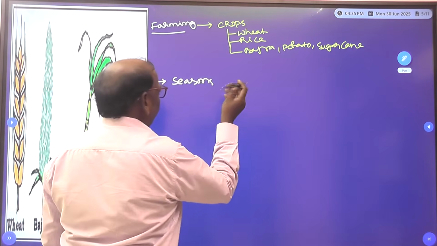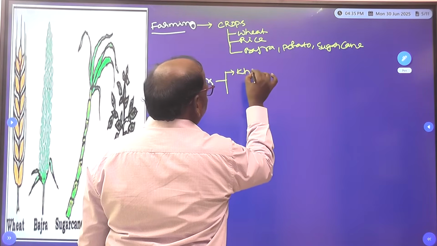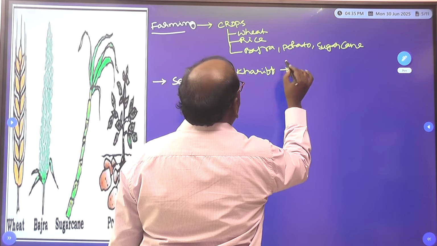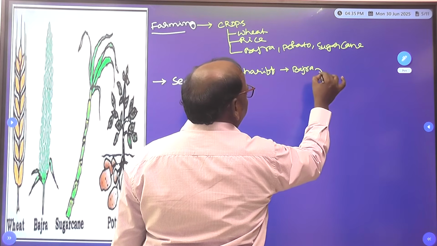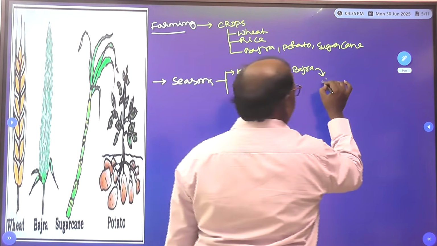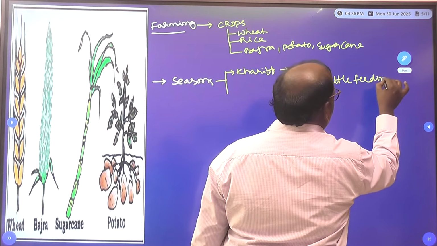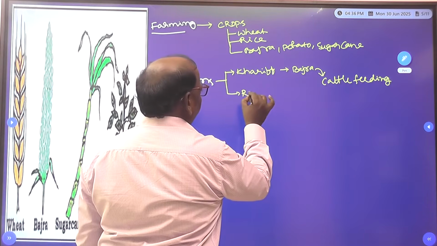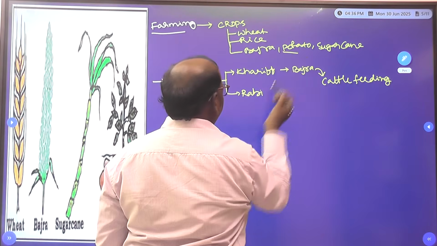Like what? We have the Kharif season. In the Kharif season, they are going to grow bajra, which can be used for cattle feeding. Next, Rabi is there. During the Rabi, they are going to grow some potatoes and all.